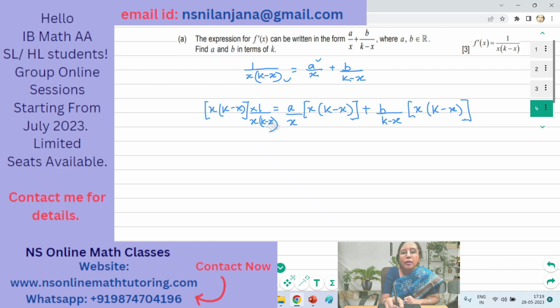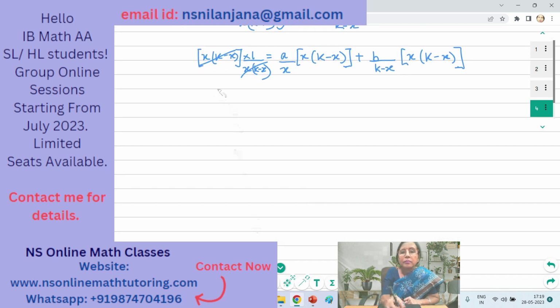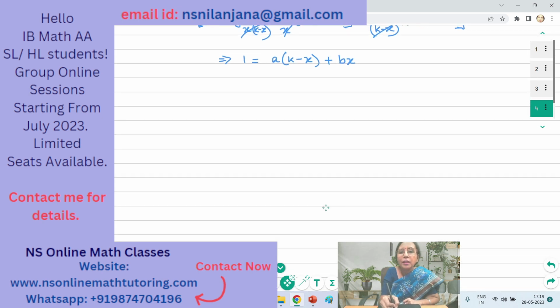Okay. So this part and this part will be getting cancelled. Therefore, we have 1 on the left hand side of the equal to sign, and we have a times k minus x plus b times x. Okay. We are having this equation.